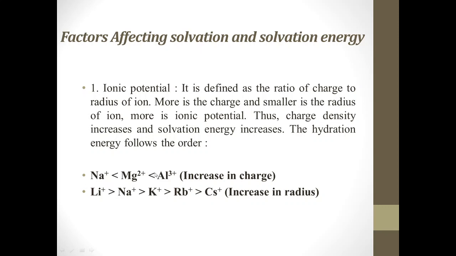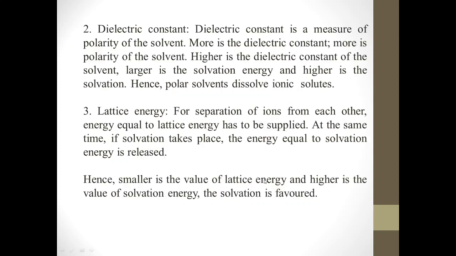The solvation energy increases, and if there is an increase in radius from lithium cation to cesium cation, what happens? The solvation energy decreases. So solvation energy is directly proportional to charge and inversely proportional to the radius of the ion.